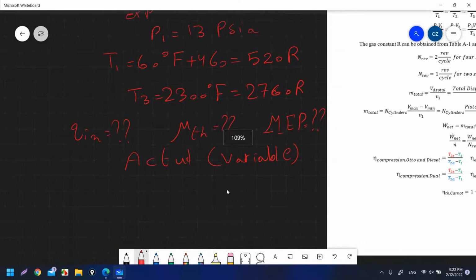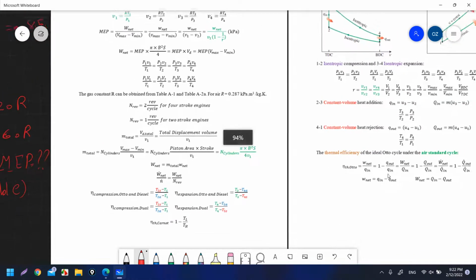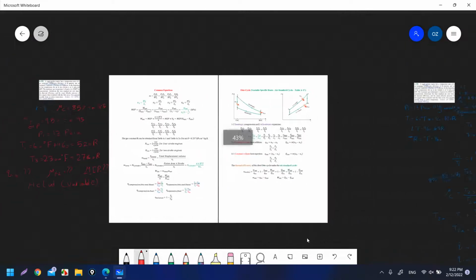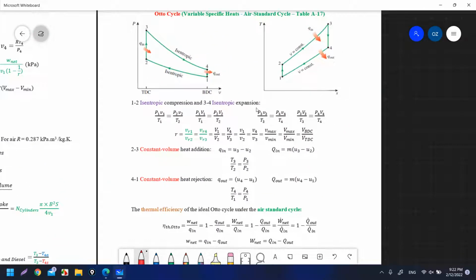Okay, let's see. For variable specific heat, we want to find Qn. Qn is equal to U3 minus U2. For U3, I have VR3 and T3, and it doesn't matter whether it is isentropic or actual, since T3 is common between the actual and ideal cycle.